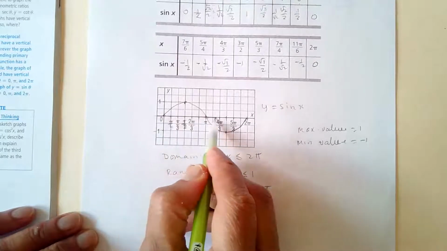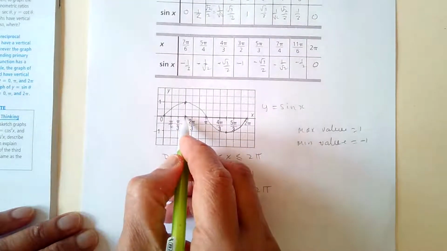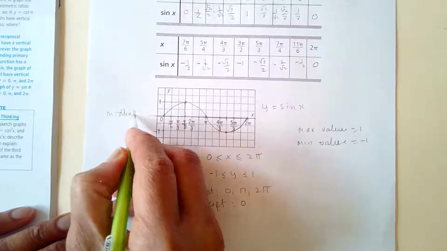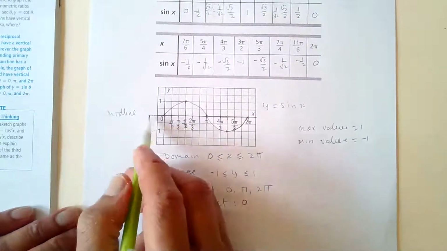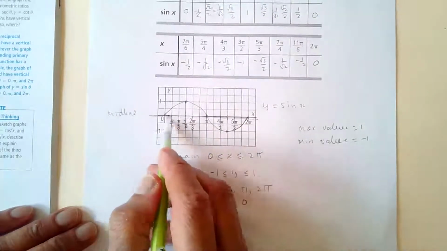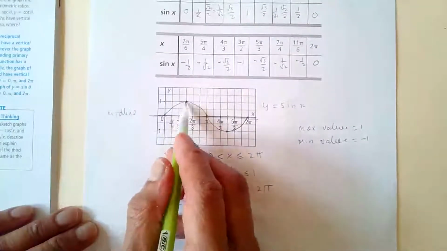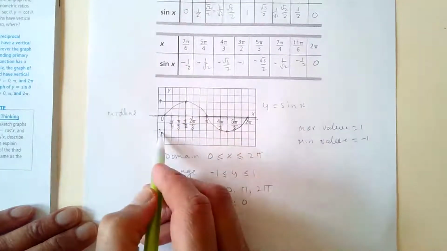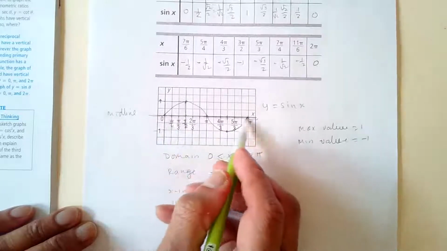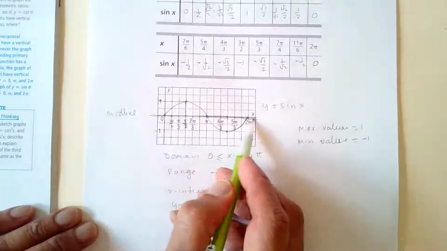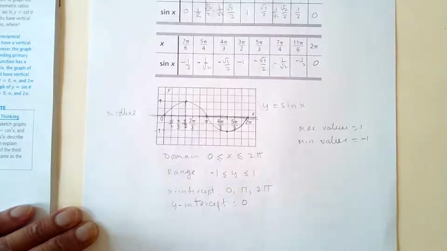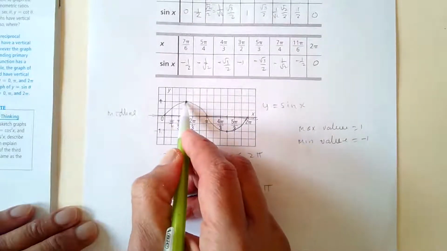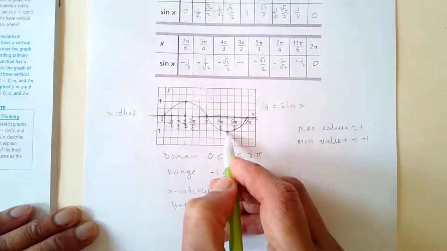The amplitude is the distance from the midline. This is called the midline here. Now the midline is called an average. It's between the maximum and the minimum. So your maximum is 1, minimum is -1. So the midline is the line that's between the maximum and minimum. Now the amplitude is from your midline to the maximum or the midline to the minimum.